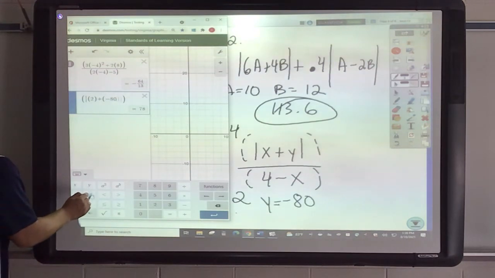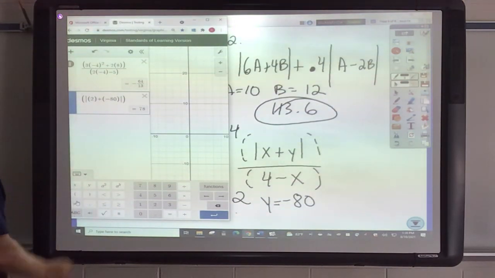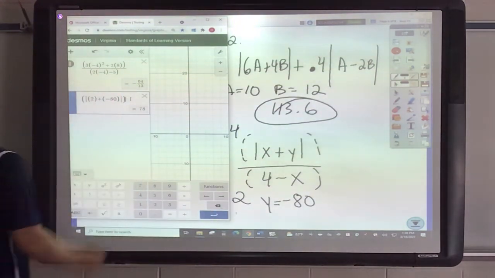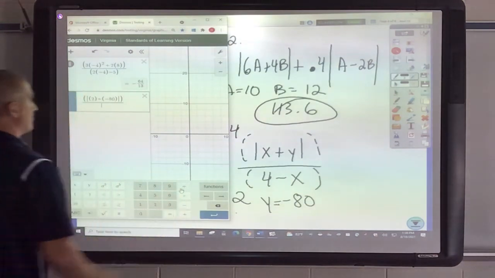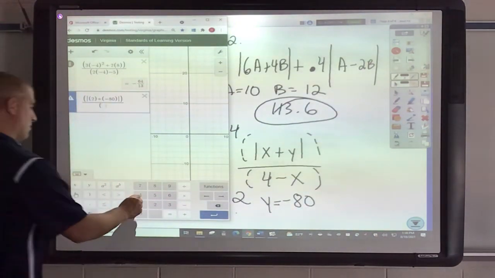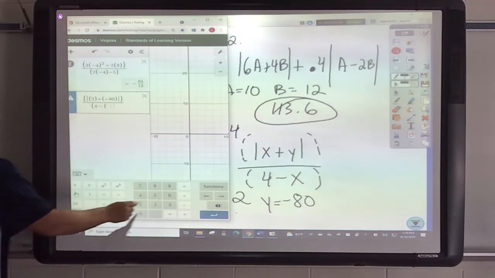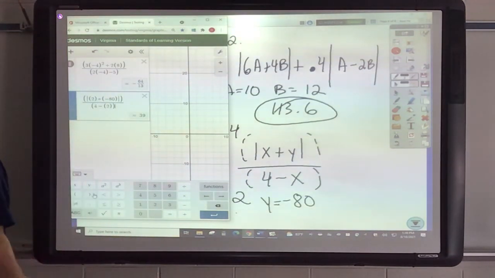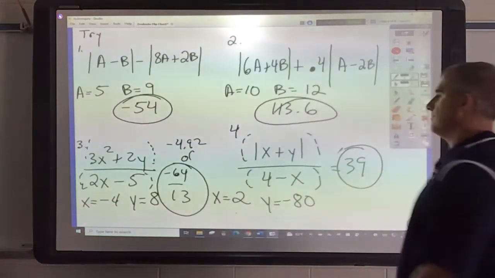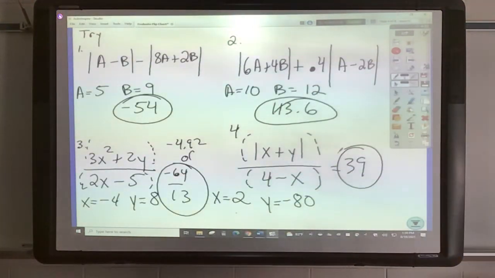Close that, close the absolute value bars, close the parentheses. Divided by. Parentheses, 4, minus parentheses where there's an x, which would be 2, and close it, which is just an easy answer of 39. If you get a mistake, just check your parentheses.